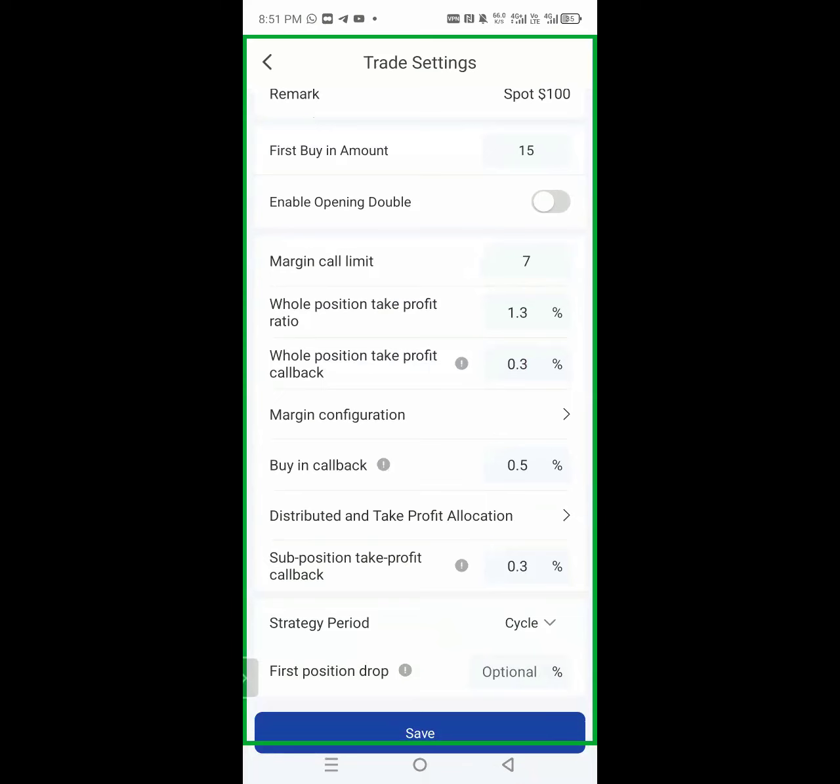It means that once you start the trade and the trade increases in value by 1.3, the robot should give you profit. When the trade starts and the price of the coin increases to 1.3%, the robot will just trigger a sell, but it will not sell. It will wait for a drop of 0.3.